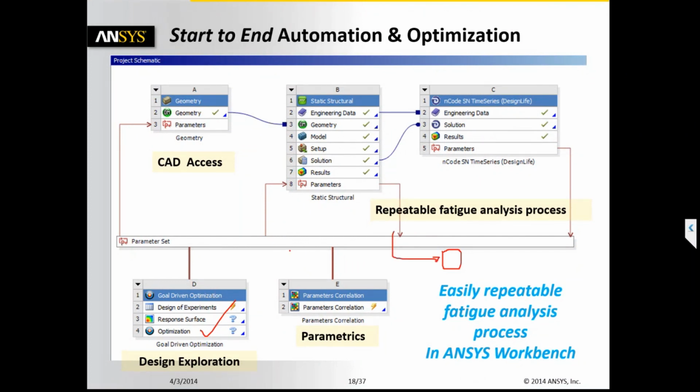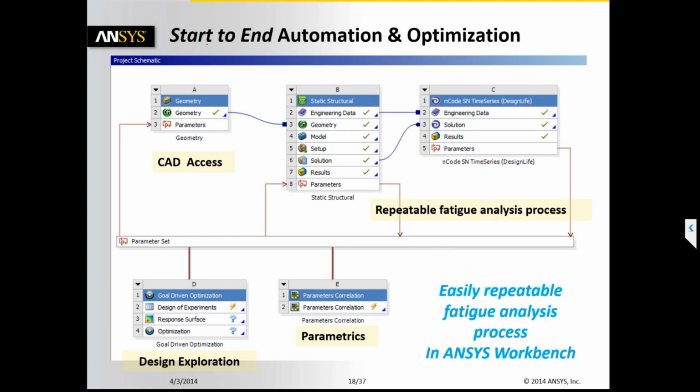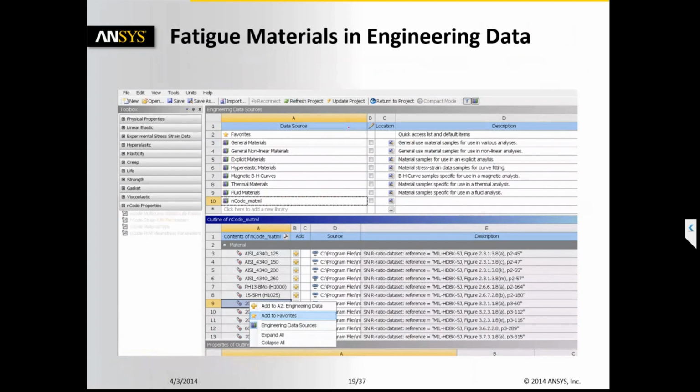That can be done with a sensitivity analysis and so on. So the advantage here is you will be able to simulate from start to end, the automation of the complete fatigue, including the optimization part.